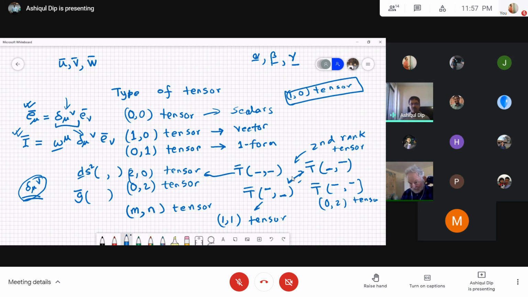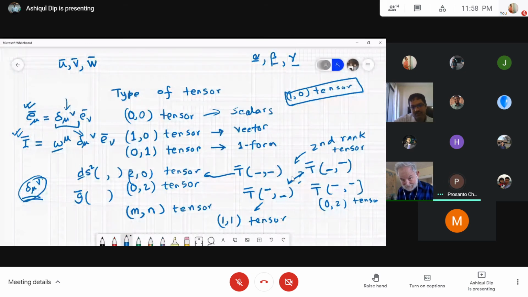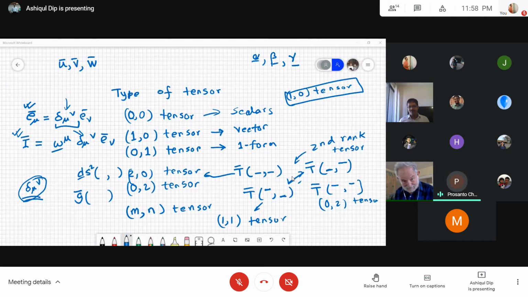Okay, any other questions so far? Components of tensors are always numbers, aren't they? Yes. So if Kronecker delta is a number, why should we call it a component of a tensor? It's just a scalar, isn't it? No. Scalars are numbers, but not all numbers are scalars. When you change the coordinate, a scalar should not change.